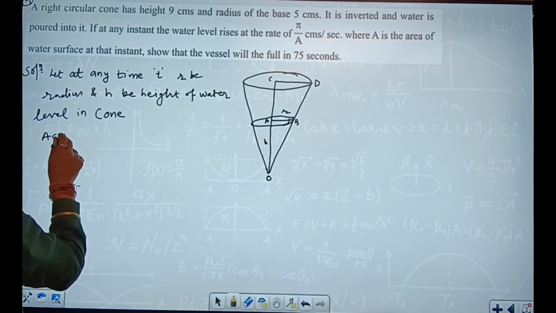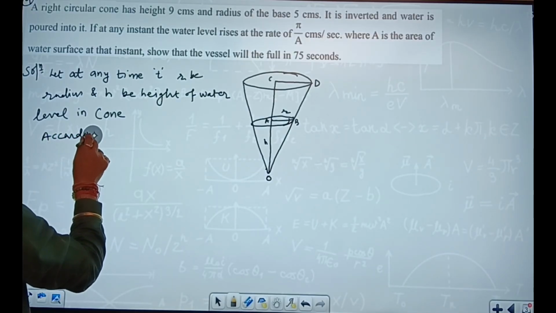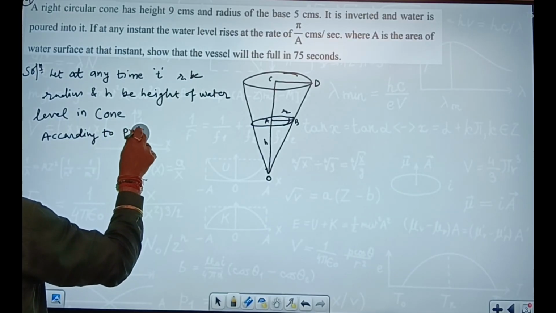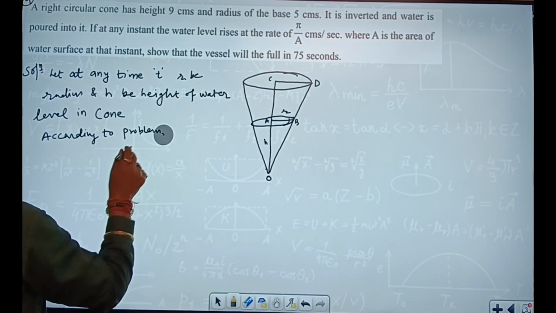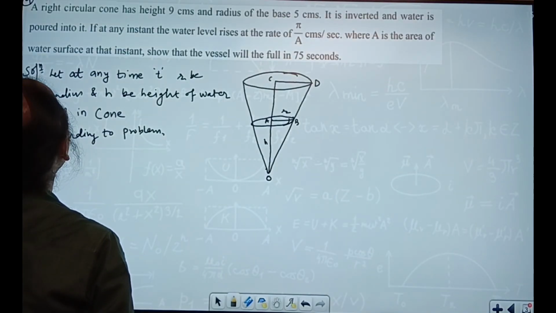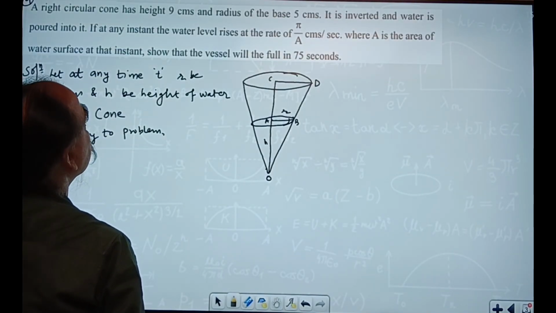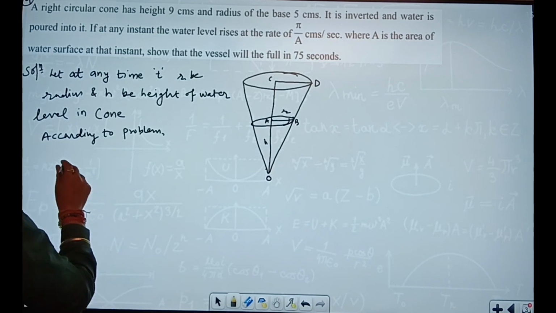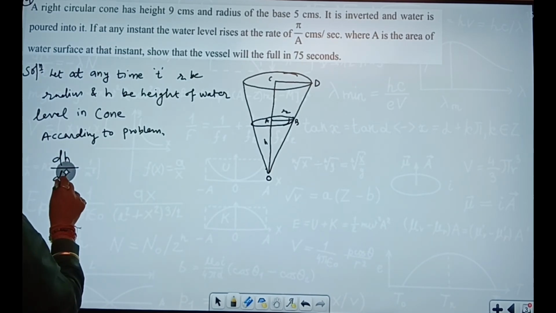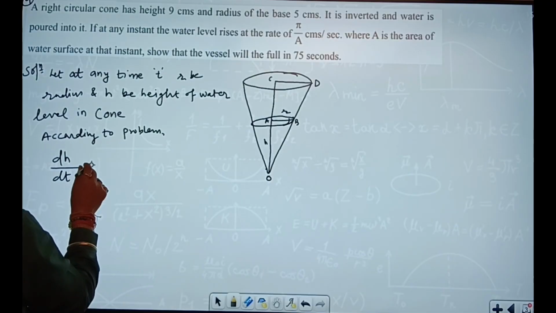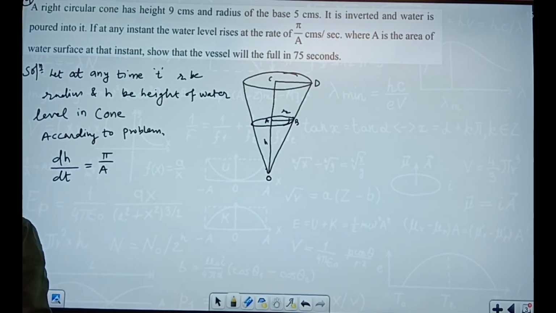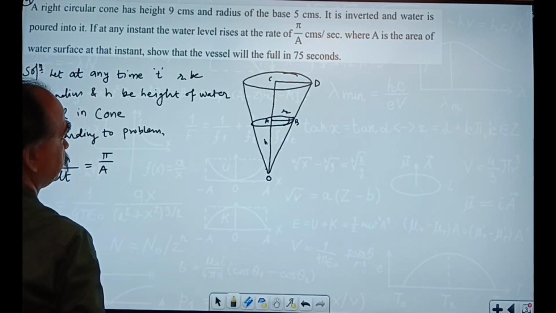According to problem, dh by dt is equal to pi by A, where A is area of water surface.